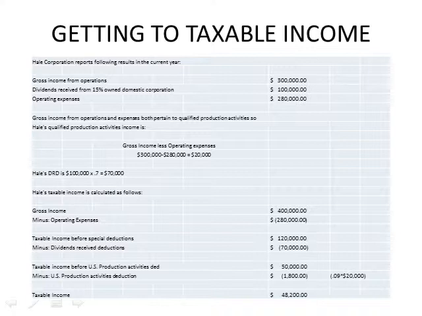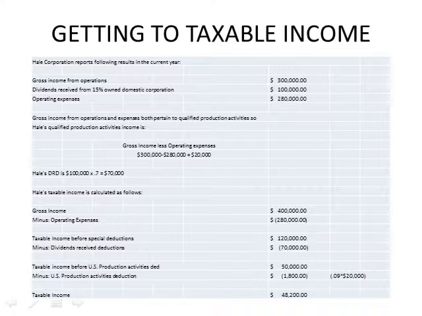We know that they're 15% owned, it's a domestic corporation, and we're not in an operating loss position, so we can deduct the 70% dividends received deduction of $70,000, which gets us to taxable income before the U.S. production activities deduction.